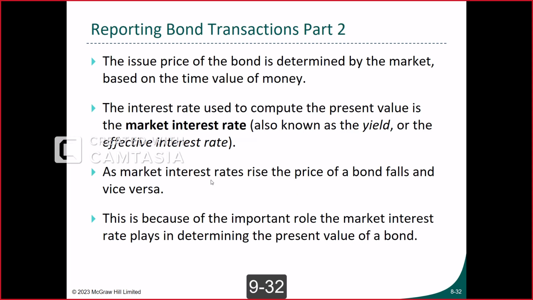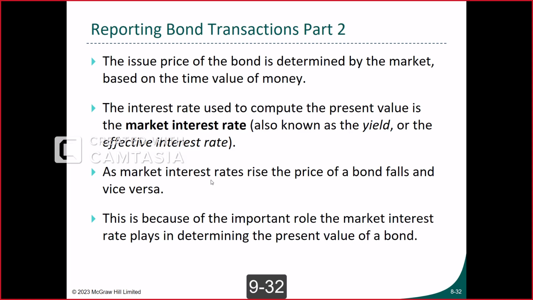The reason why the amount of cash the company is going to collect the day of the issuance could be different, and actually not only could be, it is usually different from the face value or the principal, is that there is usually a difference between the coupon rate, which is the stated rate or the contract interest rate, and the market rate of interest, or the effective rate.